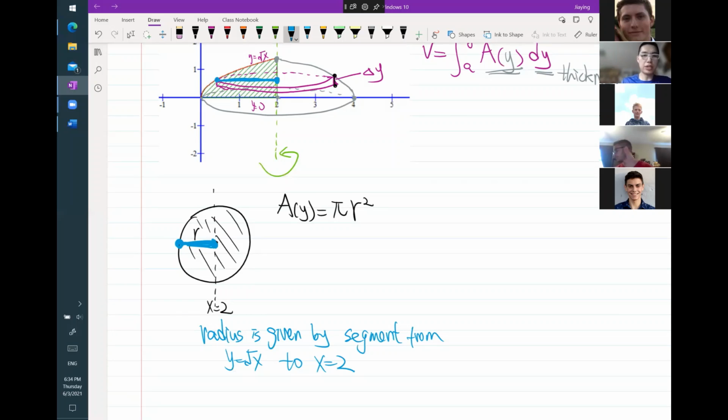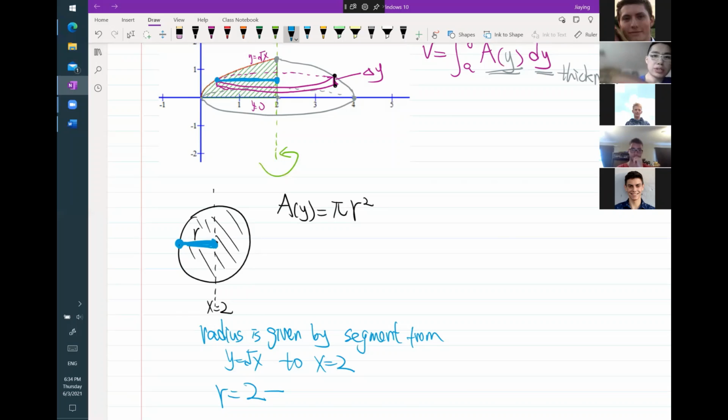To figure out the radius, we're just going to take the function on the right minus the function on the left, because the one on the right always has a higher x value than the one on the left. But you have to be careful. The one on the right has x equals 2, but for the one on the left, we have to figure out what the function for x is.